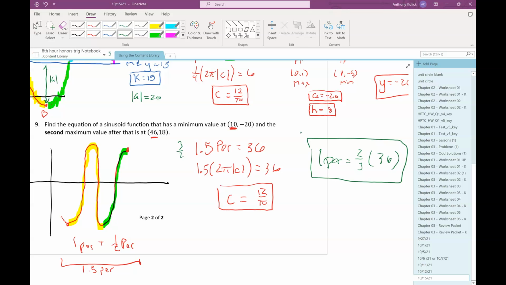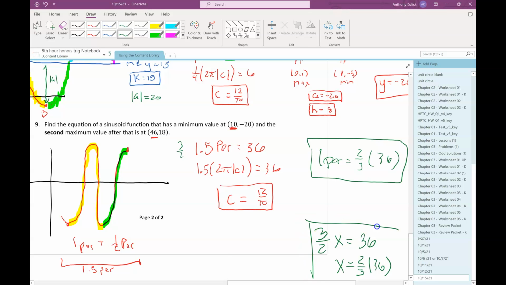If I have 3 over 2 x equal to 36, that's the same thing as saying x is 2/3 of 36, right? Okay, yeah, gotcha. That's all we're saying.